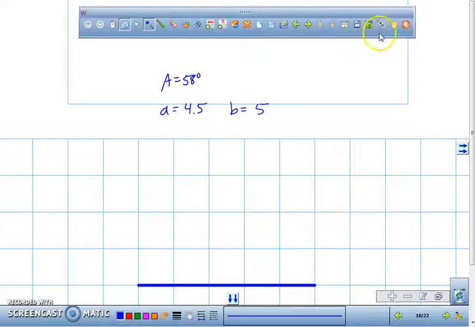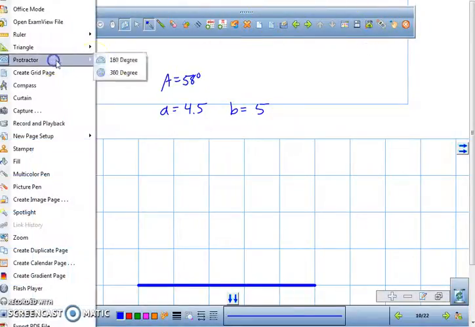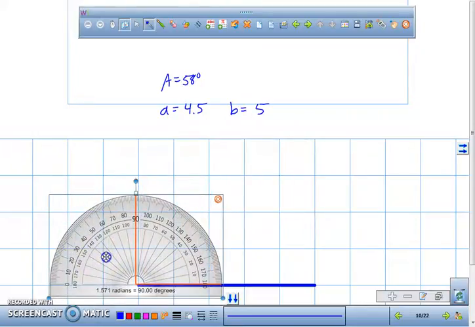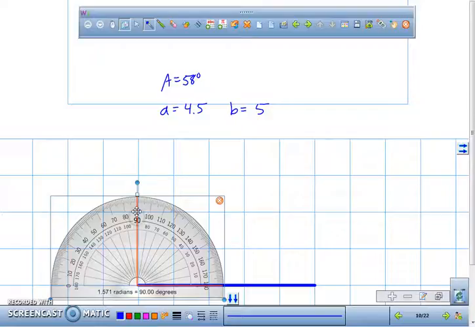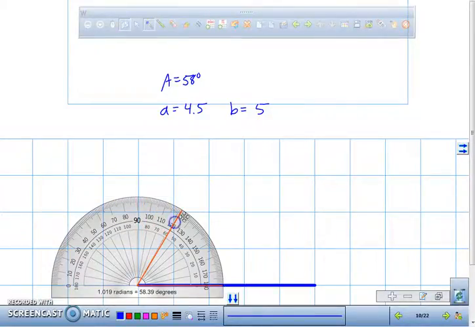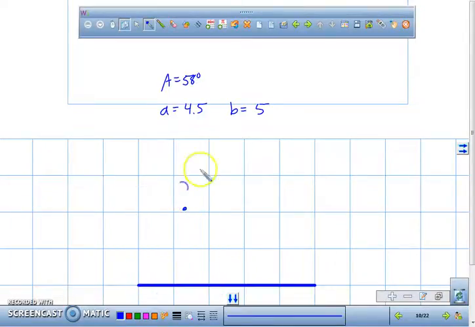All right, so right now I'm going to get my protractor and try to draw a 58-degree angle to the best of my ability. That's 58.39. That's pretty close. So I'm going to draw a 58-degree angle going through that.